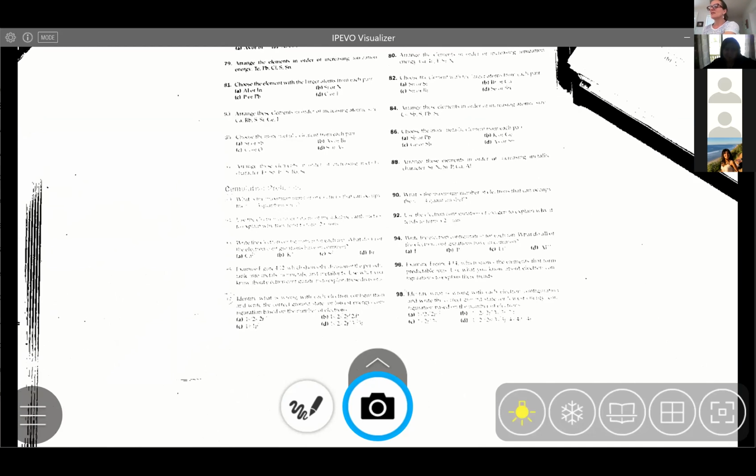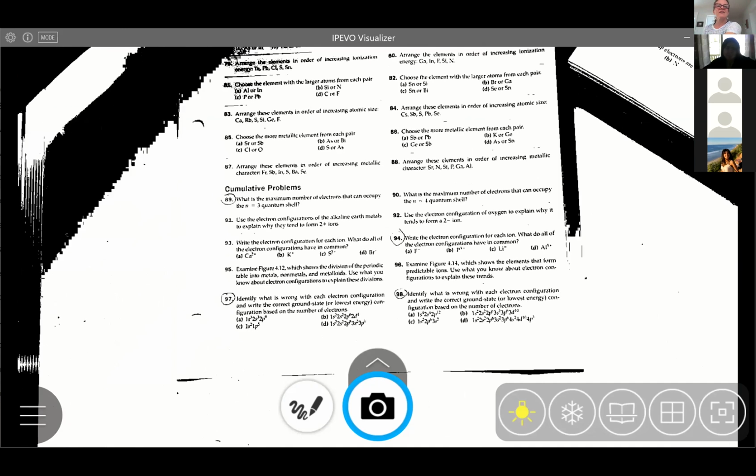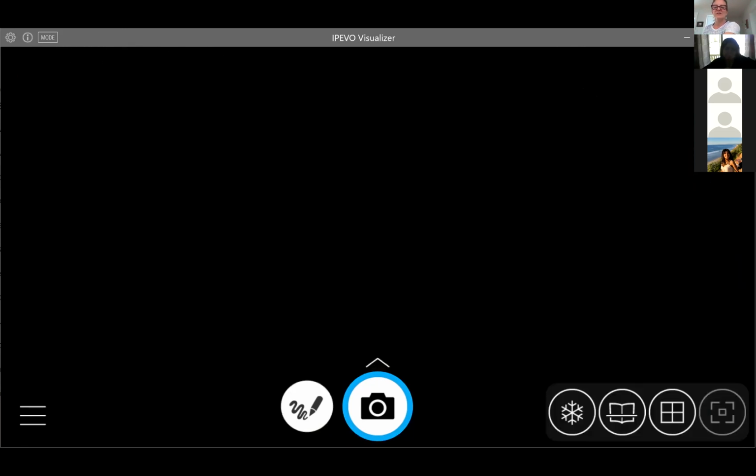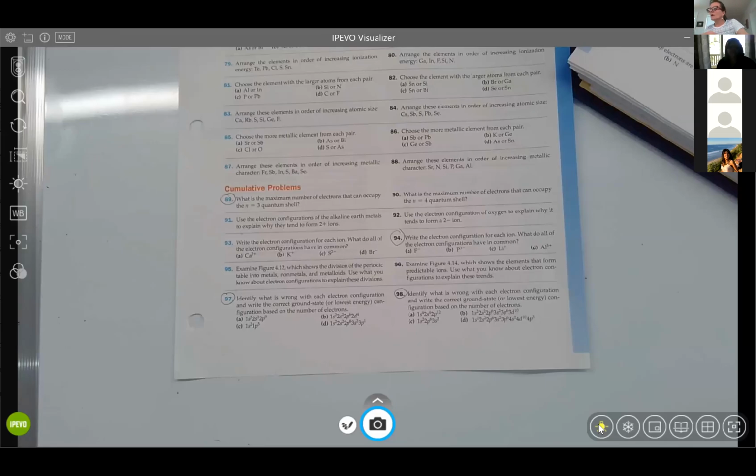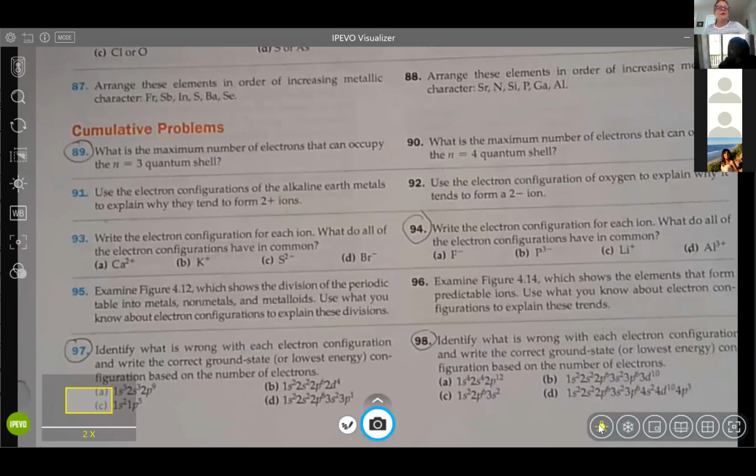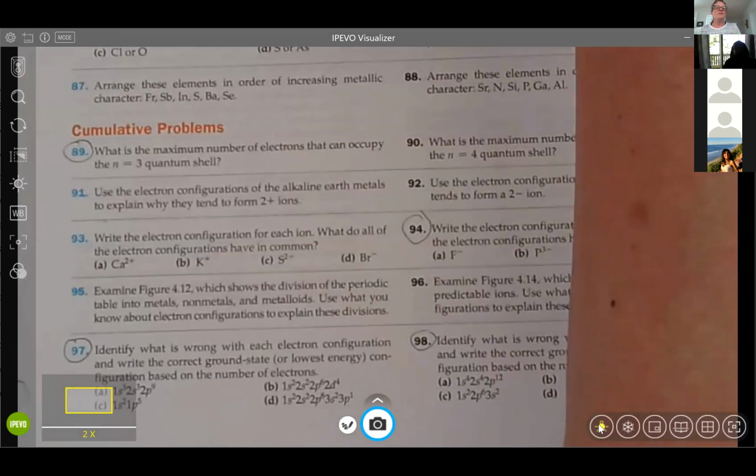I just did something weird. Let me see if I turn it off and I turn it back on, what happens. Okay, I'm back here. Let me share the screen again. I want to zoom in a little bit. There, okay. So now you guys can see number 89, right?